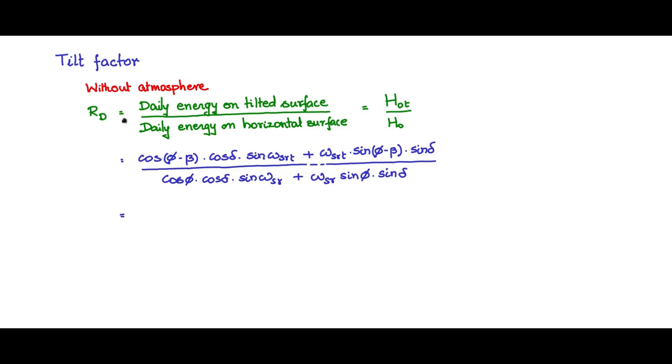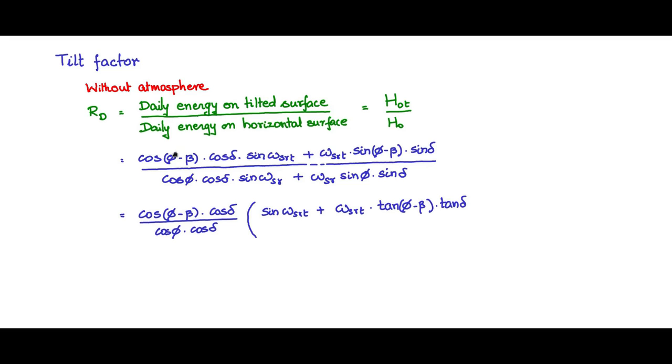Now we can simplify this slightly. Cos(phi minus beta) into cos delta, you take it out from the numerator. Cos phi and cos delta, take it out from the denominator, and you will get in the numerator sin omega SRT plus omega SRT tan(phi minus beta) tan delta.